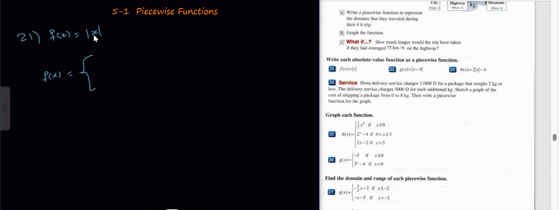Why? Because if we put a positive within the absolute value, we will get a positive result, and if we put a negative, we will get a positive result as well. How? If you put 4, it equals 4. If we put negative 4, again we will get 4.